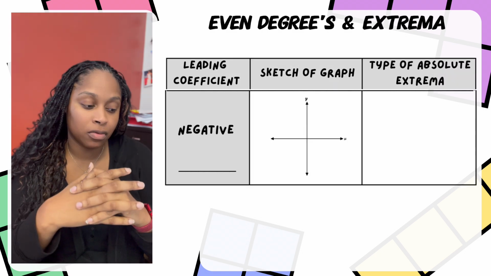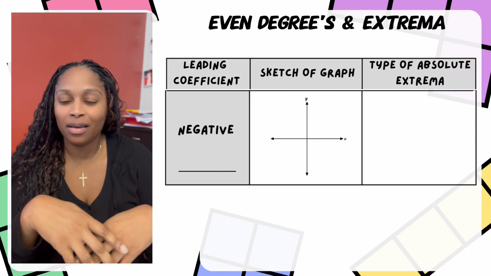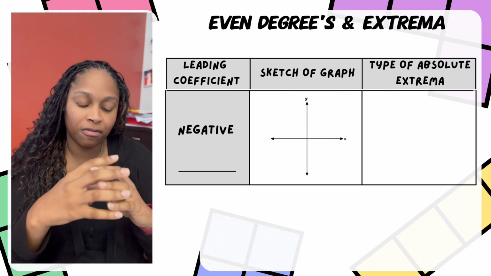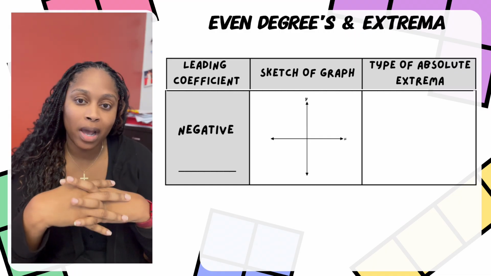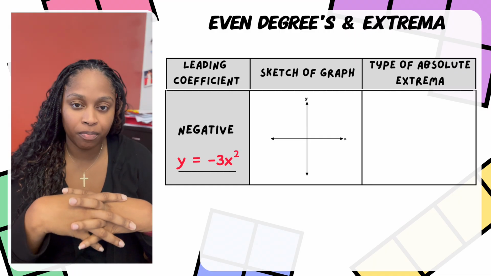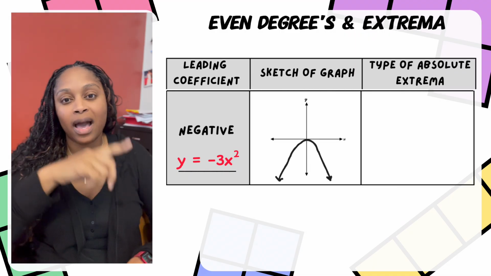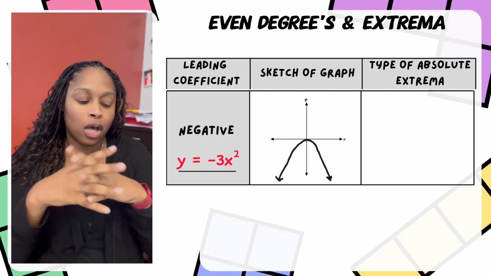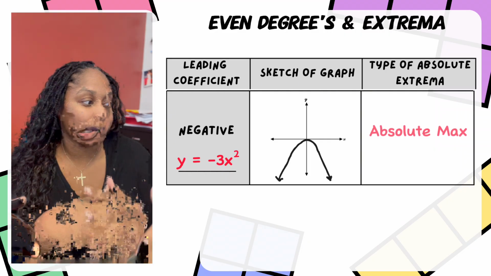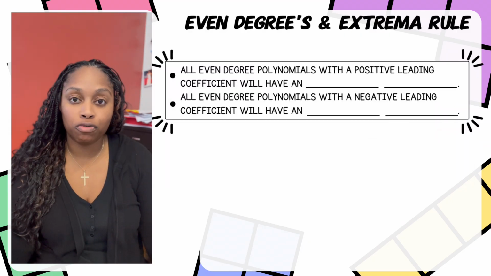So now negative. We're going to take the same function and make it have a negative leading coefficient. So for negative, we have y equals -3x squared. And when we sketch that, notice that the arrows are pointing downwards. It's now flipped, pointing downwards, which creates our absolute max. Let's create a rule.